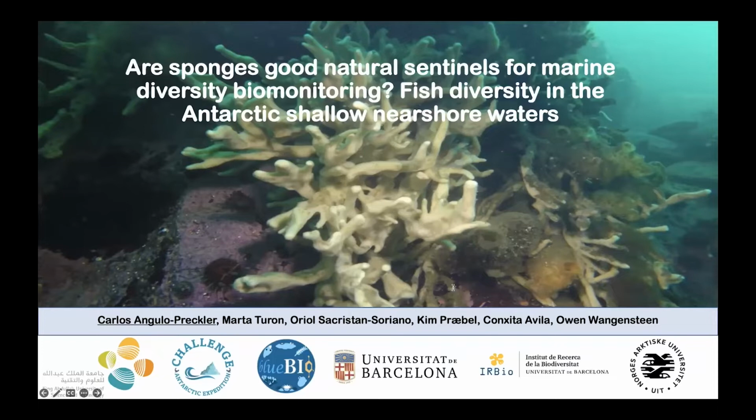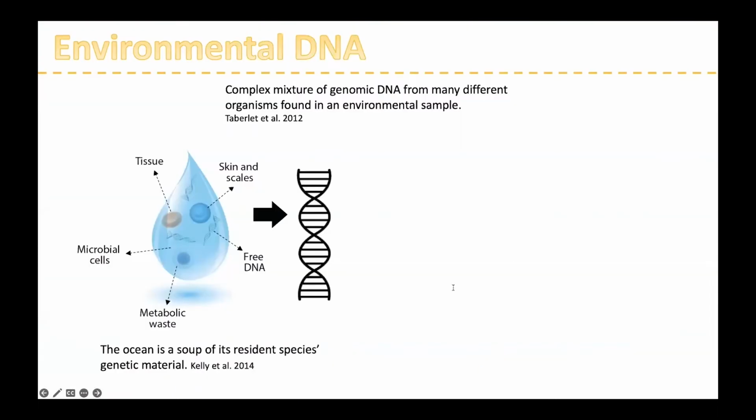First of all, when we talk about environmental DNA, we talk about a complex mixture of genomic DNA from many different organisms found in an environmental sample. It can be a soil, air, or water sample. The ocean is a soup of its resident species' genetic material.